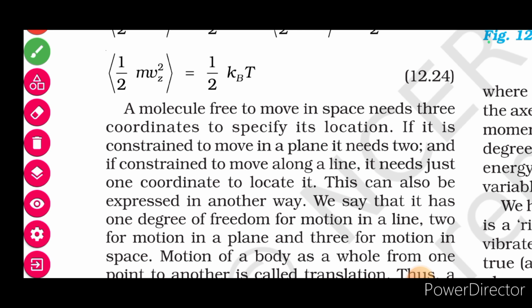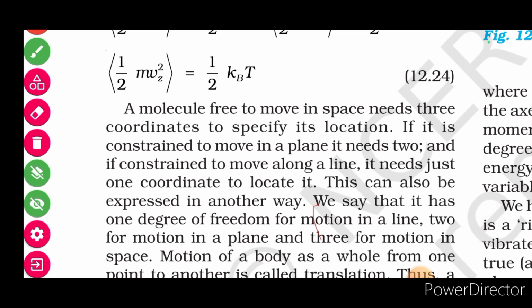I have already told you this. For space it needs three coordinates, for a plane, as in coordinate geometry, only two, and if it moves in a straight line, it needs only one coordinate to locate its position.